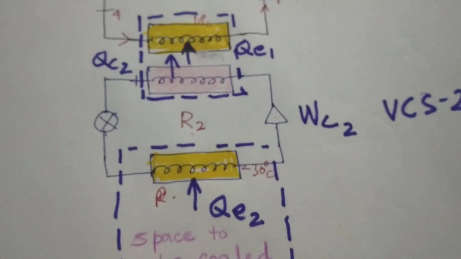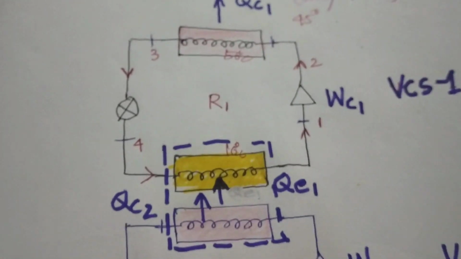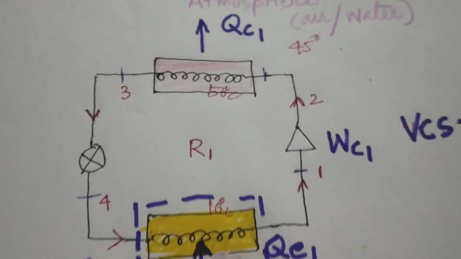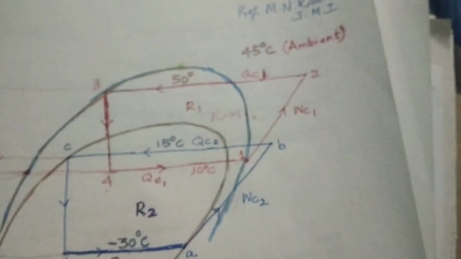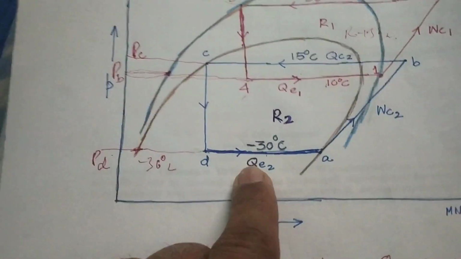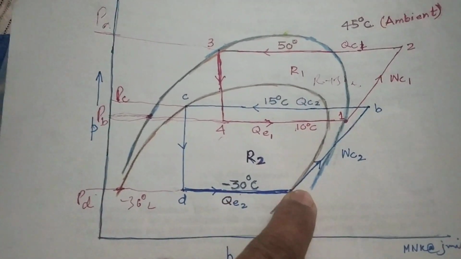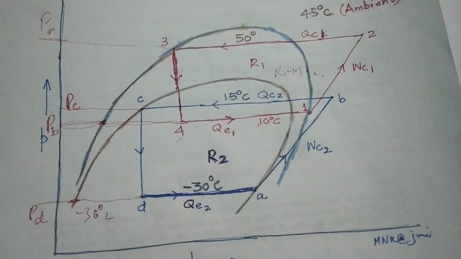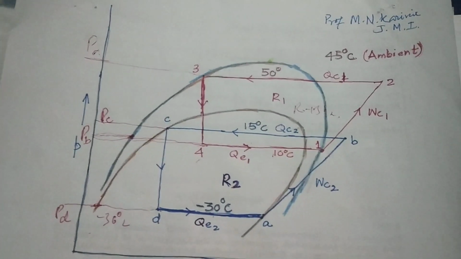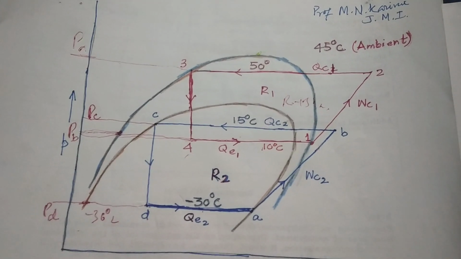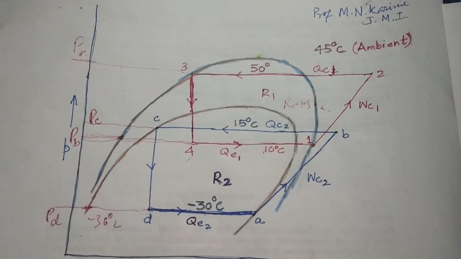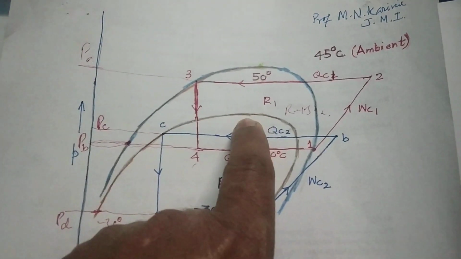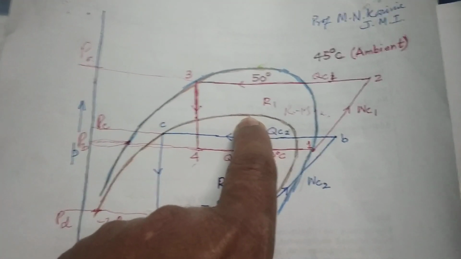Minus 30 degrees centigrade cannot be achieved perhaps with only one refrigerant, because the refrigerant will not have the property of absorbing heat at minus 30 degrees centigrade. If you want to use one vapor compression system, or even compound compression, it will not be possible with one refrigerant, because if we choose this refrigerant, for example, its limit is only up to this.